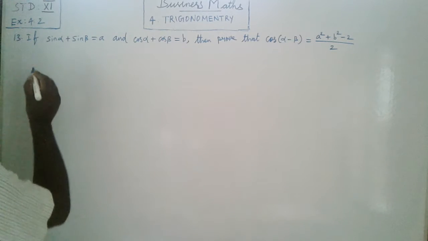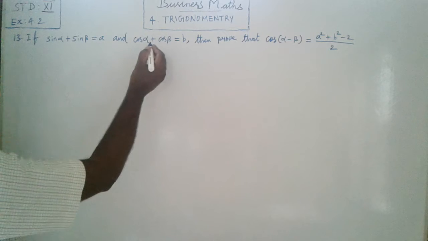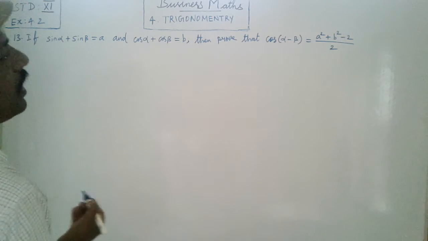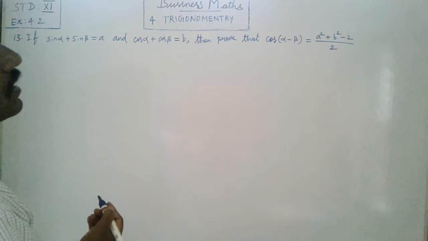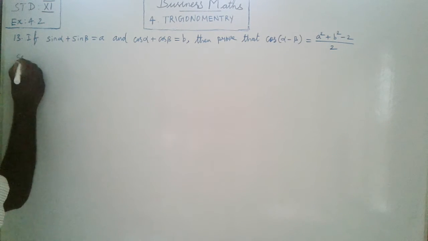Question number 13. If sin alpha plus sin beta equal to A and cos alpha plus cos beta equal to B, then prove that cos(alpha minus beta) equal to A square plus B square minus 2 divided by 2. Solution.